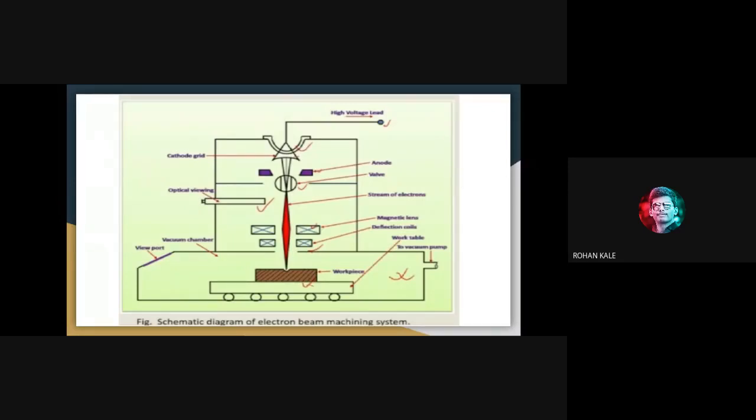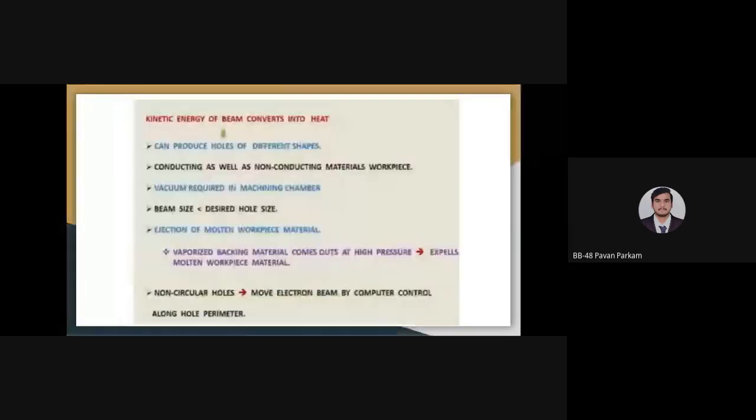As I have mentioned, non-circular holes can also be generated by the electron beam machining process. Any kind of shape can be generated on your workpiece.